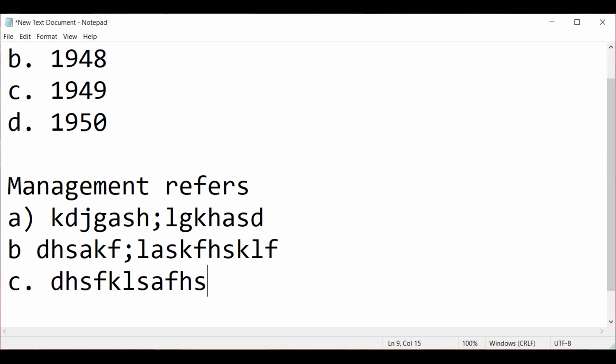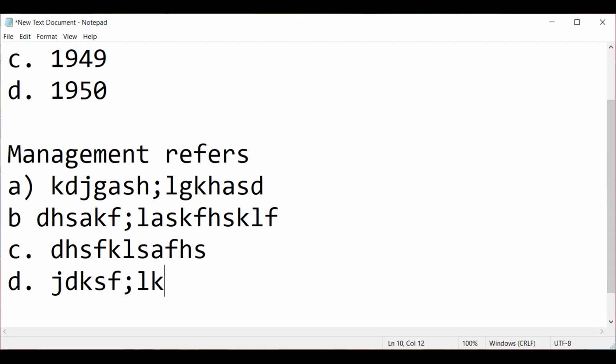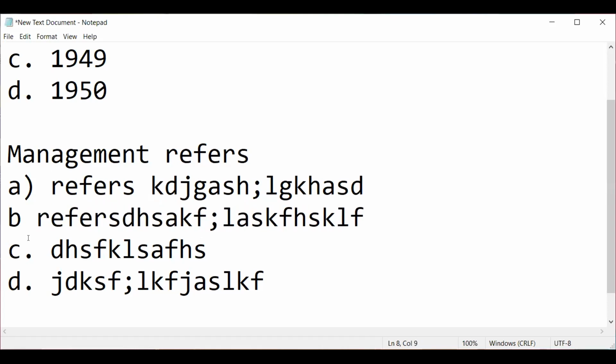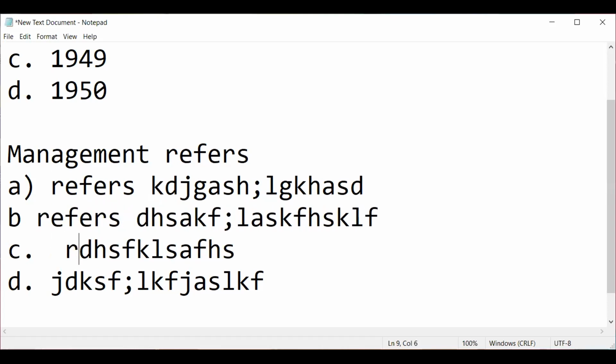Third option with a lengthy answer, and D, a very lengthy answer. Most of the times in the construction of an MCQ, we start option A like this, refers. Again, in all the options, prefixed with the term refers.